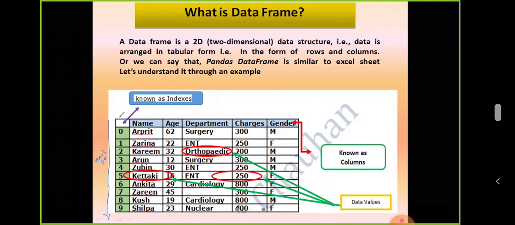And if I am talking about this horizontal axis, this is called axis equal to 1, and this axis is called the column axis.